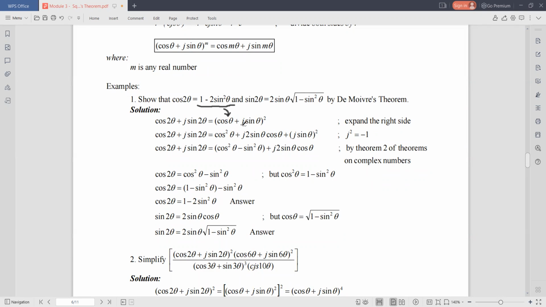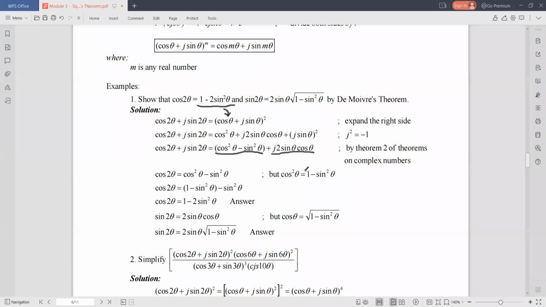Now, you need to expand the right side. That is equivalent to cosine squared theta plus j 2 sine theta cosine theta plus (j sine theta) squared. Take note again that your j squared here is negative 1, so that will become a negative sign. This is your real part, and this is your imaginary part.